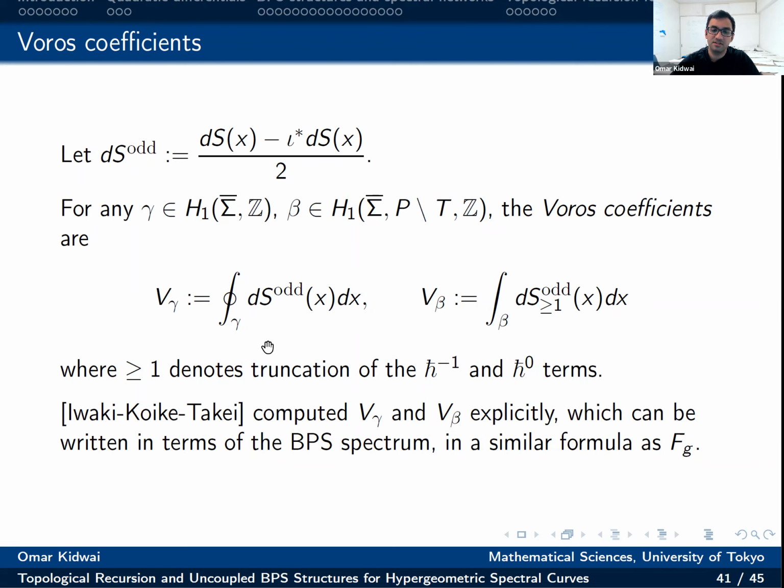That's defined as the integral term-wise along either the cycle or the path from the pole to the pole. I threw away the first 2 terms here just to make sure that it's finite. So this gives you a formal series computed explicitly by the former authors. And again, there's a similar formula to our FG for them.